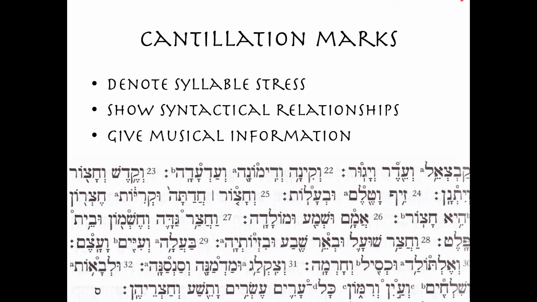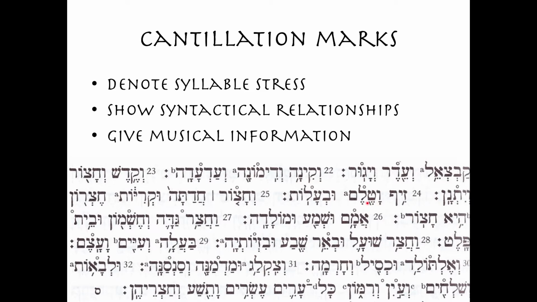So if you look, here's another view close up of the text. And if you look here, these are vowel sounds here, here, here. But this little slash, that's a cantillation mark. This one here is a cantillation mark. This is a cantillation mark. Here's another one here.